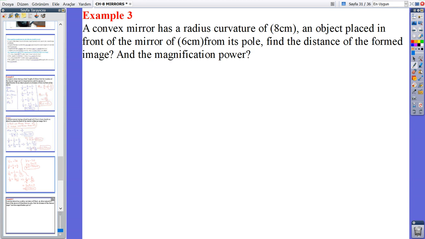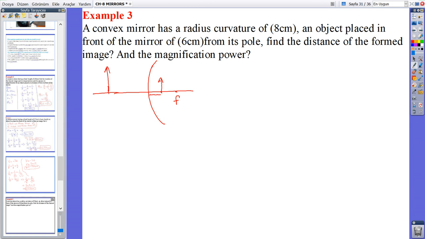First, this question is about the convex mirror. Firstly, I am drawing one object. Every time with a convex mirror, the image lies between the pole and the focal point.